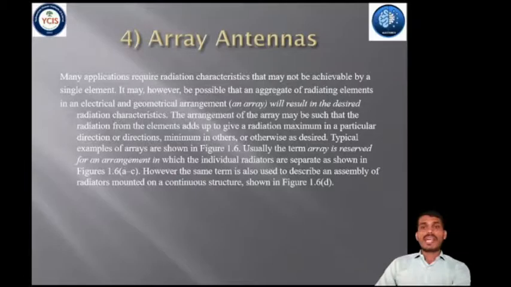The arrangement of the array may be such that the radiation from the elements adds up to a given radiation maximum in a particular direction or directions, minimum in others, or otherwise desired.